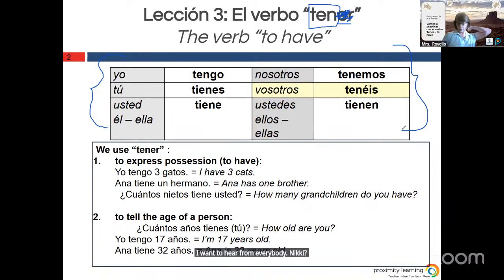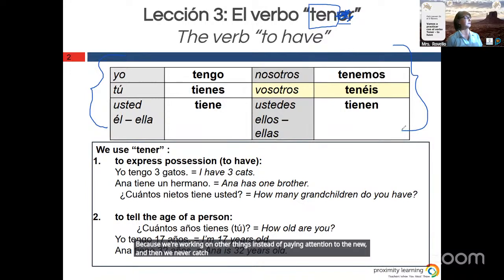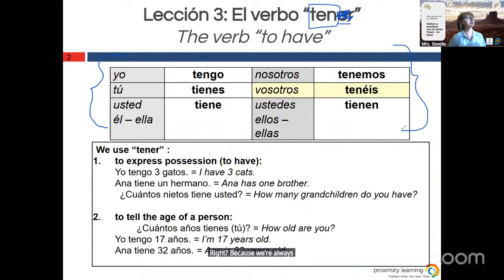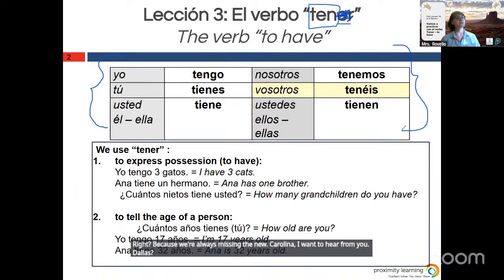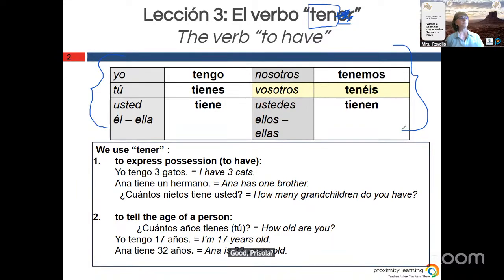See, this is how we fall behind, y'all. Good, Nikki. Because we're working on other things instead of paying attention to the new. And then we never catch up, right? Because we're always missing the new. Catalina, I want to hear from you. Dallas? Good. Priscilla? Lay? Stacy? Melanie? You can pop an answer in the chat. Charlie?